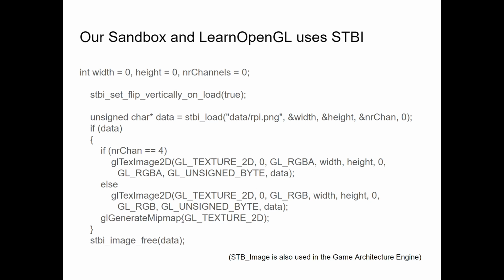It generates these things called MIP maps, which we'll talk about in a moment. So if you see MIP map, it's kind of an important step. And then once it's loaded onto the graphics card, the actual image data doesn't matter anymore, so we can throw that away. You can read a file in, decompress it, or have STB load it, give it to the graphics card, throw away the original, save space. Right? All right.